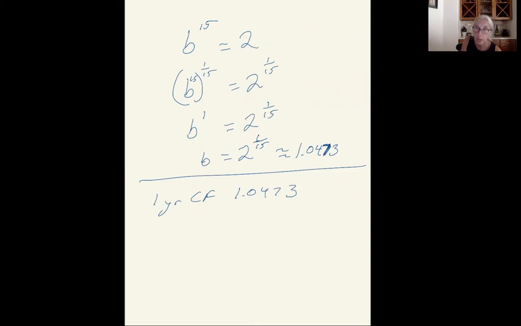This means that each year, the output of deer is 104.73% as much as it was the year before, which means that my 1-year percent change is 4.73%. The 100% represents what I started with, and everything else represents my increase. So now I learned from this that the 1-year increase is 4.73%.